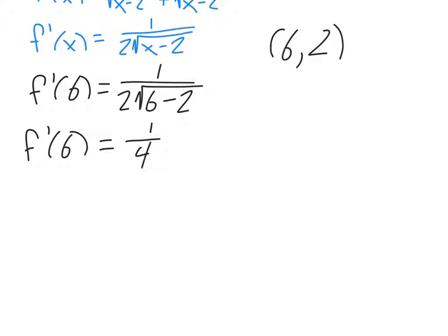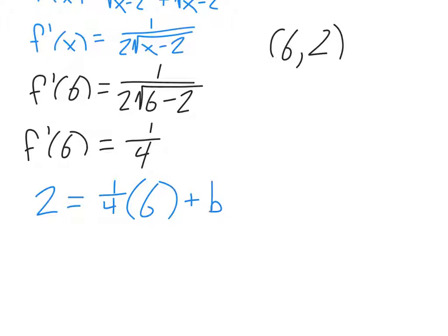And now I can go ahead and figure out the equation. I just got one last step in doing that. It's going to be y equals mx plus b, so that's going to be 2 equals, slope 1/4, times our x value, which is 6, plus b. Because I'm trying to figure out what the y-intercept is now, and I just do it by plugging in.